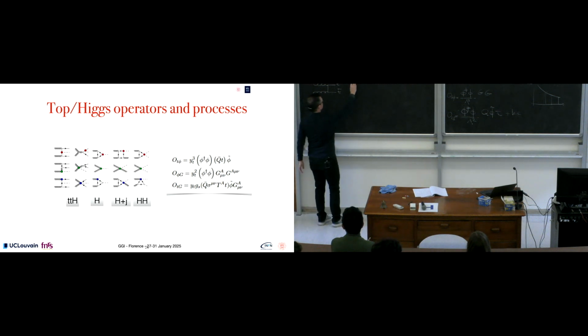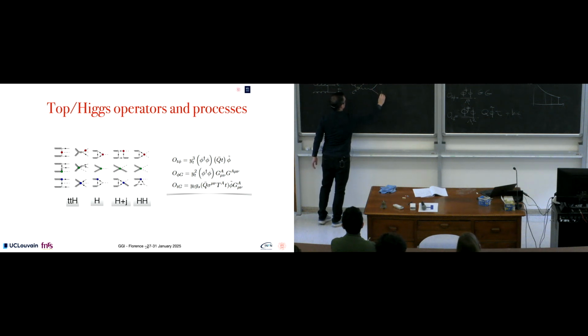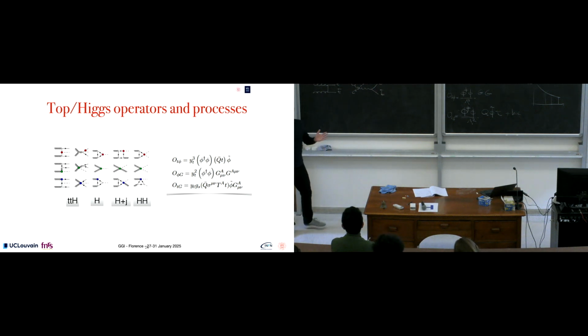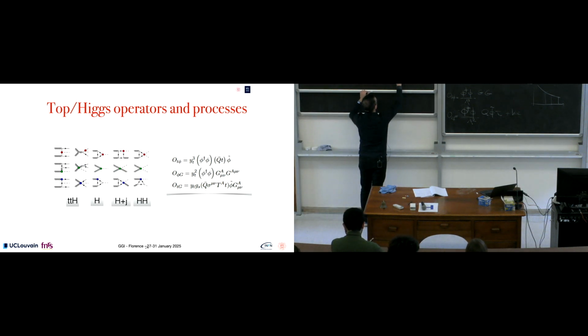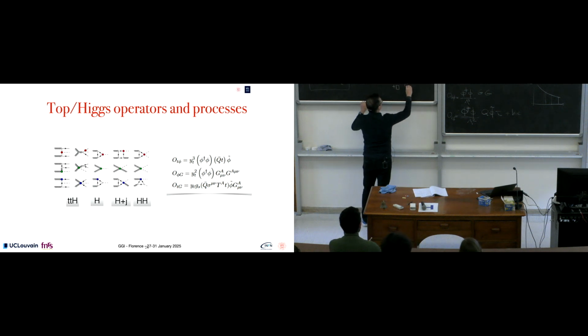And there is also another diagram like this, for example. There are a lot of diagrams, but again, no problem. There is a computer for you that does it. It's only understanding what you have to do. So this contributes. So I will have a number which is c_phi divided by lambda squared.